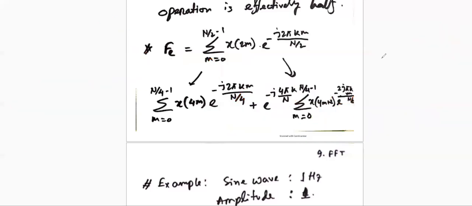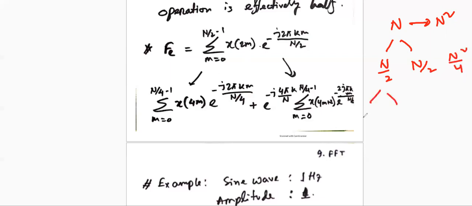What is the advantage? I have already mentioned that in the previous section, we have n samples and we need n square multiplications. If we divide it into n by 2 and n by 2, in that case, we need n square by 4 multiplications. Now, if you divide it again, then it will be n by 4, n by 4, n by 4, n by 4. Then how many multiplications do you need?